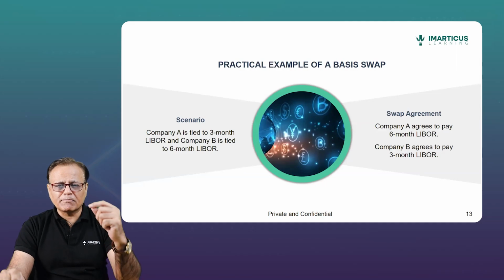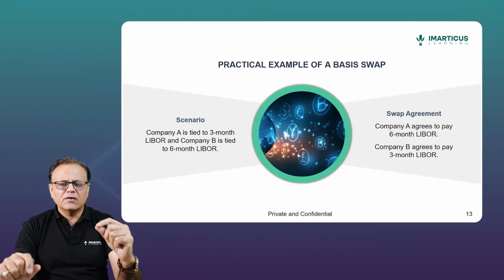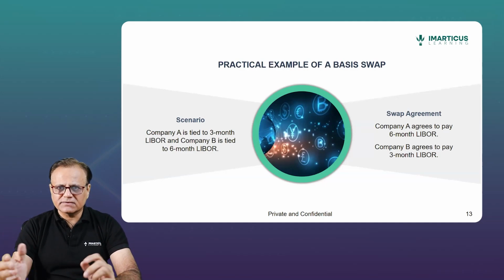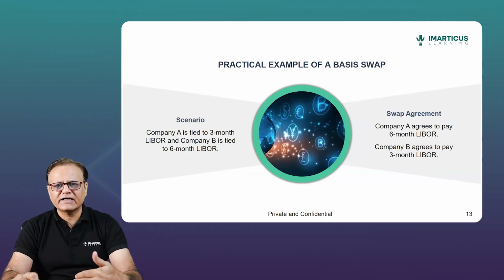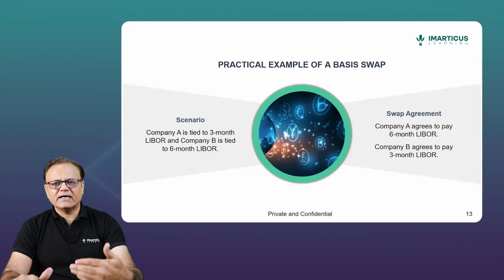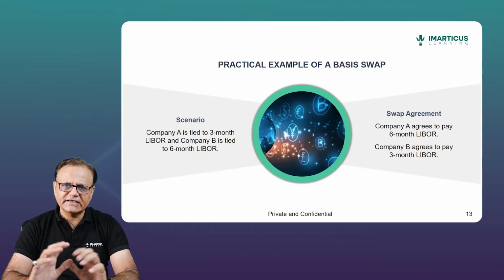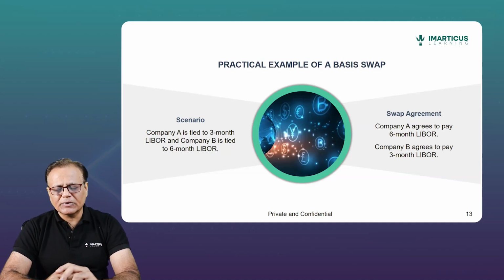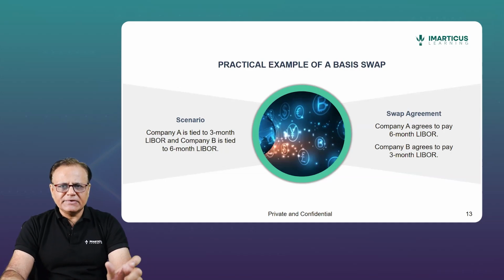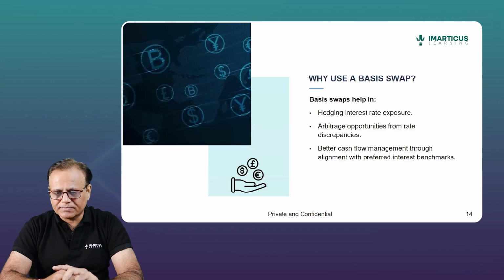Yes, because the value of money for 3 months vis-a-vis the value of money for 6 months is going to be different, right? If I lend someone some money for 1 year, vis-a-vis lending someone money for 5 years, I will obviously have a different interest rate agreed upon. So it's the time, the period, which comes into play. Two different benchmarks, two different periods. That's basically the example of a basis swap.